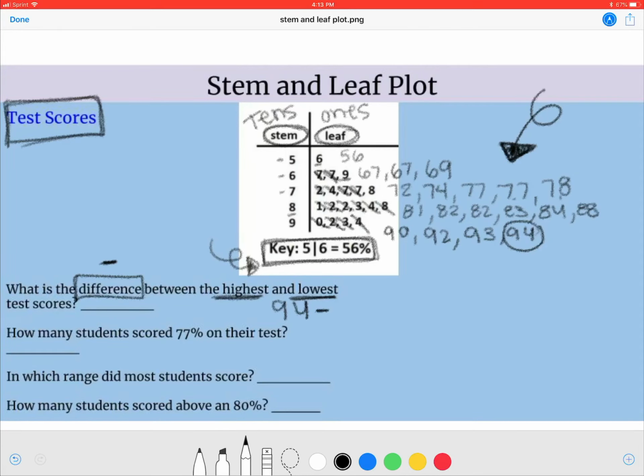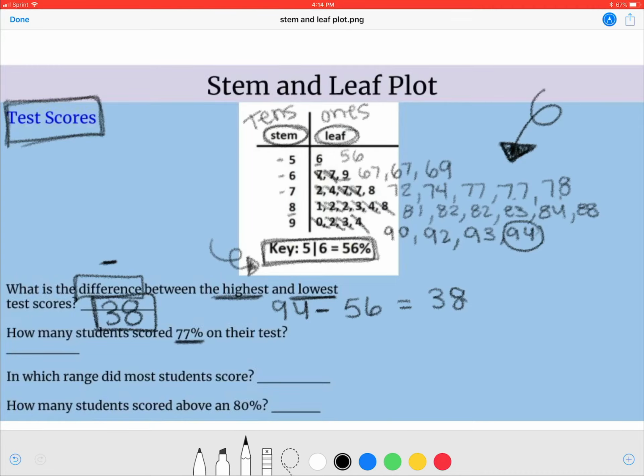Good, 94. I also need my lowest test score. Where would I look on my stem side for the lowest? Good, the 50s. We only have one test score in the 50s, which was 56. Now I subtract 94 minus 56, which gives me 38. So 38 was the difference between the highest and lowest test score.